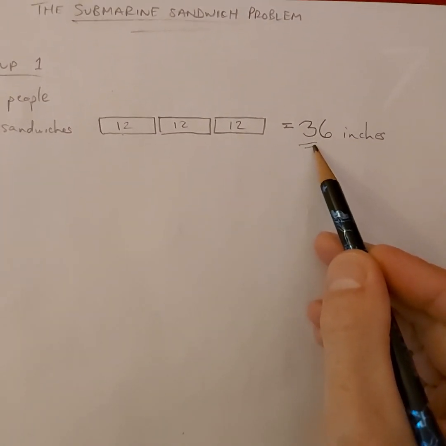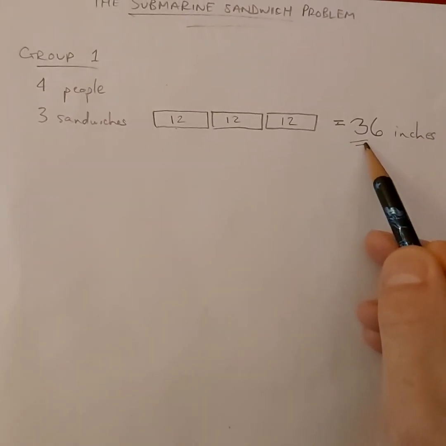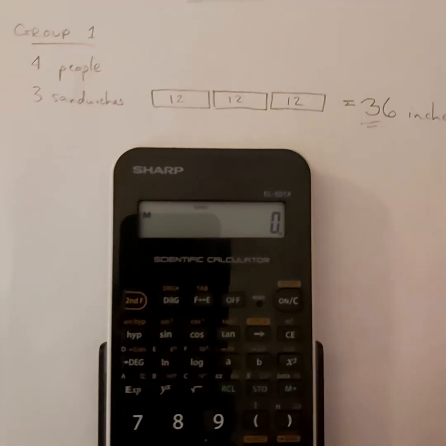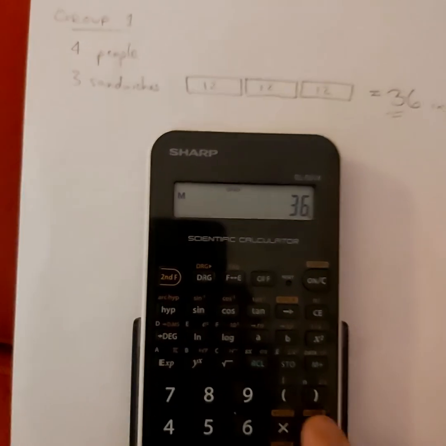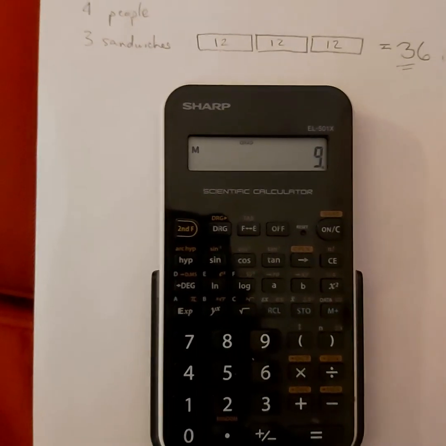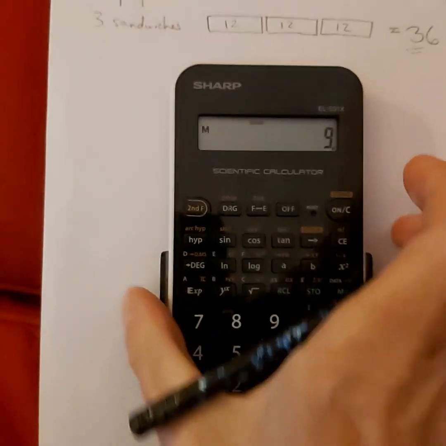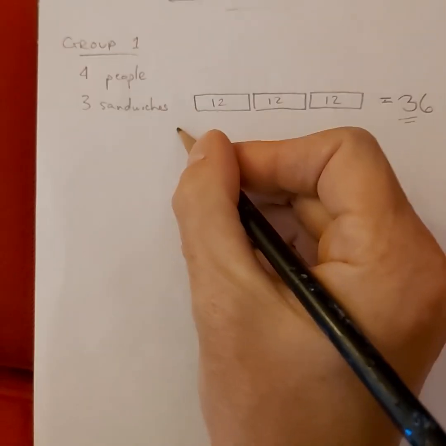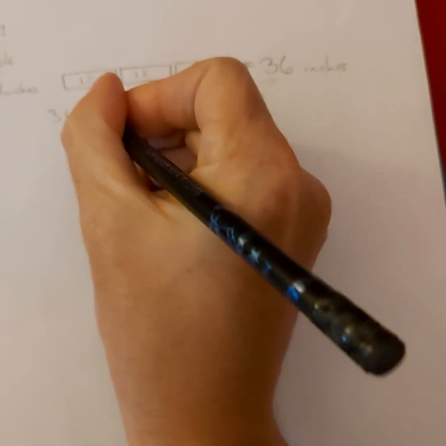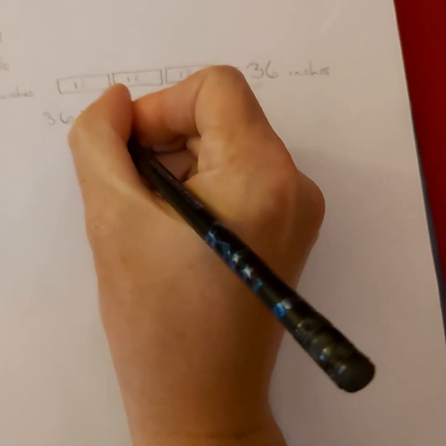I've got this 36, and it needs to be divided equally among 4 people. Well, a simple calculation of 36 divided by 4 will give me 9. So I'm going to write that underneath here, 36 inches, and I'm going to divide that by 4 people.